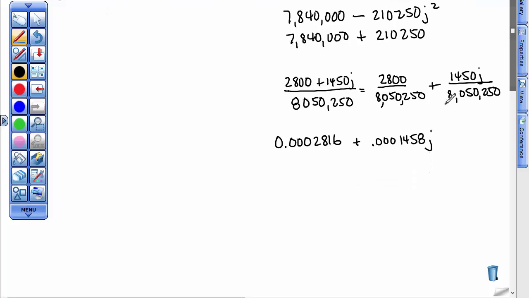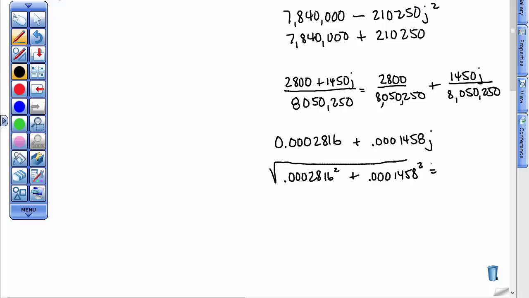Then I turned to the Pythagorean theorem, so I took the square root of the 0.0002816 squared and the 0.0001458 squared, and I got the R value that the book got, which was 3.17 times 10 to the negative 4th power.